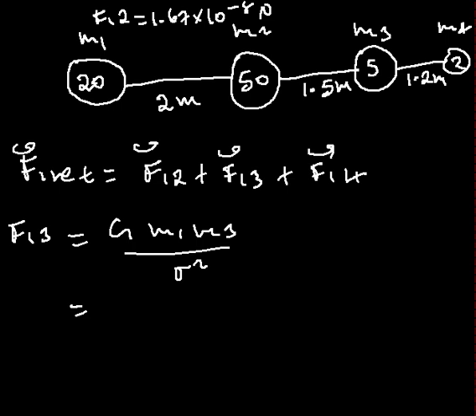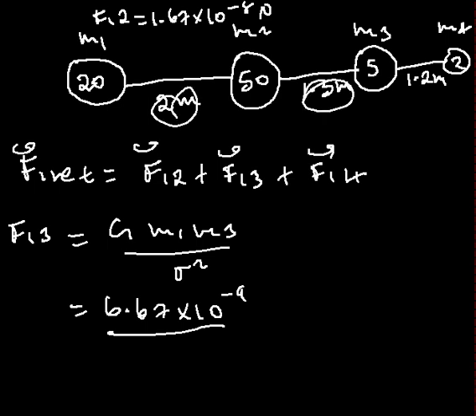So what is mass 1? You have it as 20. And what is mass 3? It's between mass 1 as well as mass 3. That is 5. That should be given as 6.67 times 10 to the power negative 9, divided by what's the separation distance between the two masses? That should be 3.5, and 3.5 to the power 2 will be given as 12.25.